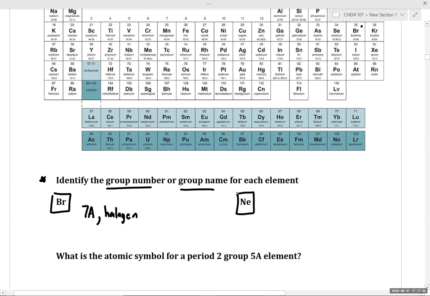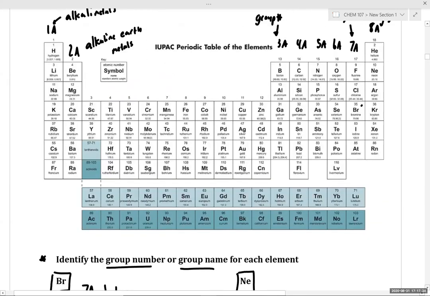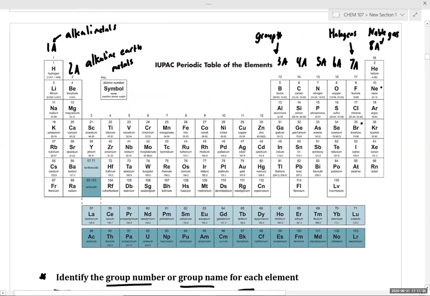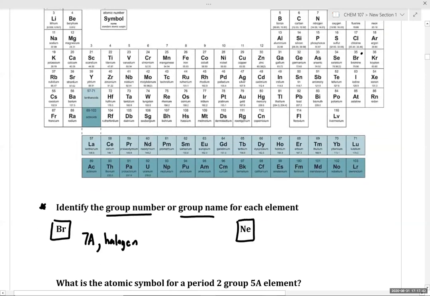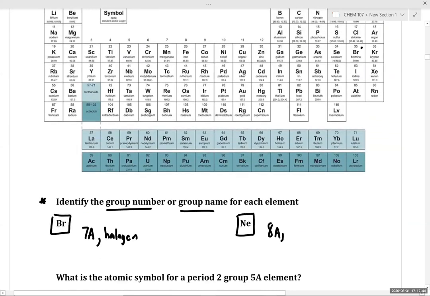Likewise, or in a similar process, I should say, for neon, I go and find neon. It's in group 8A, and we call group 8A elements noble gases. So we've identified our group number and our group name for each of these 2 elements. Let's look at another example.